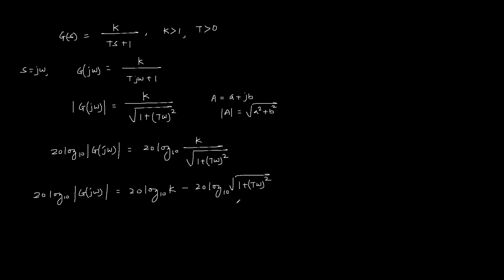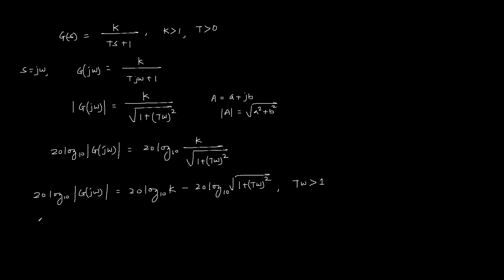Now this plot is asymptotic magnitude Bode plot. So here we have a condition that this line exists for T omega greater than 1.